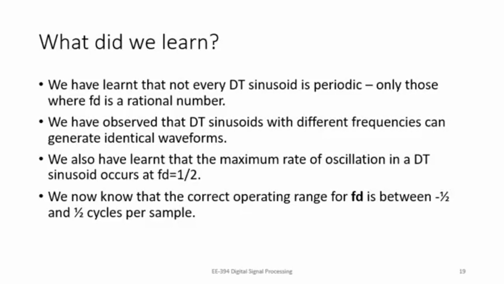We have also seen that the maximum rate of oscillation occurs at FD equals to half. Looking at all these three observations, we have set a rule that the correct operating range for FD will be between minus half and half cycle per sample. And we will be learning more about this in the next weeks.